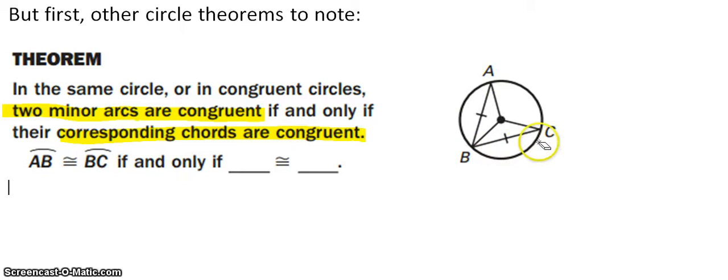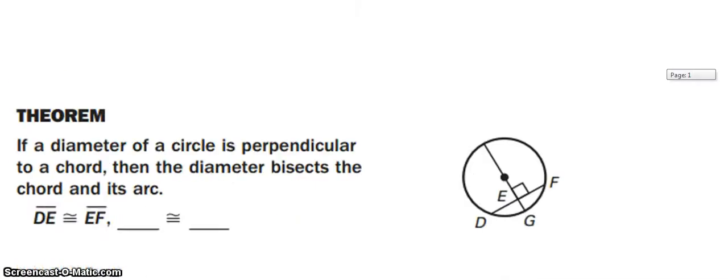These arcs look the same length and the chords are marked the same length. So to repeat that, arc AB is congruent to arc BC if and only if chord AB is congruent to chord BC. If the chords are congruent, the arcs are congruent. If the arcs are congruent, the chords are congruent.